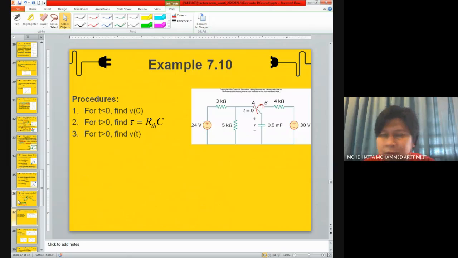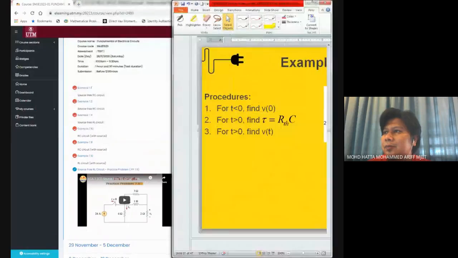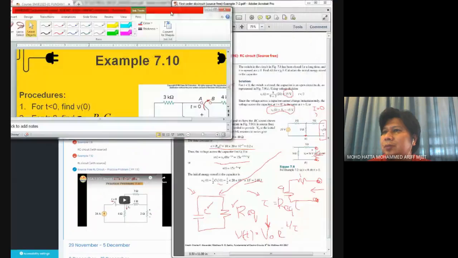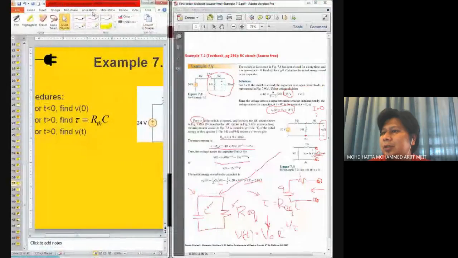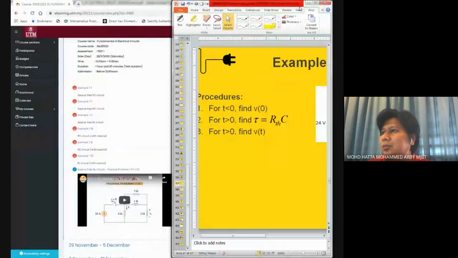Okay, we go straight into our example 7.10. If you look at example 7.10, I will just show you the procedure, how to solve the example. Maybe I put it here.